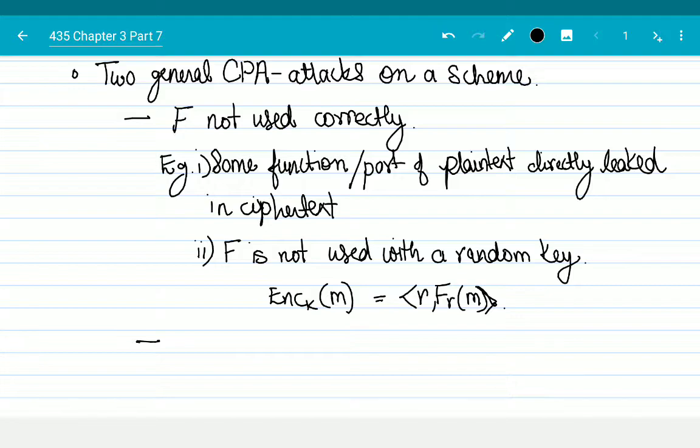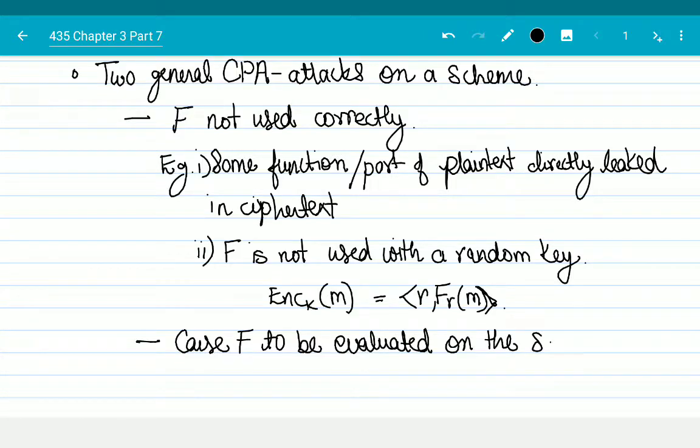And another way it can fail is if you get it to evaluate on the same input twice in the exact same way. Cause F to be evaluated on the same input twice, right?